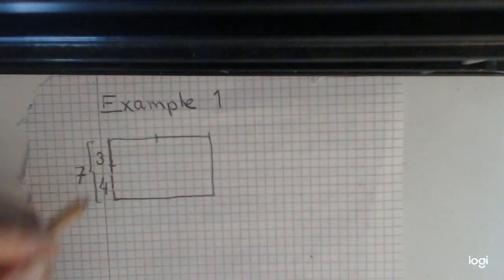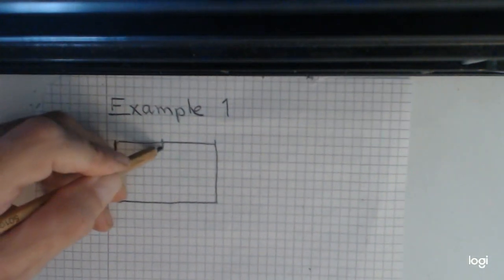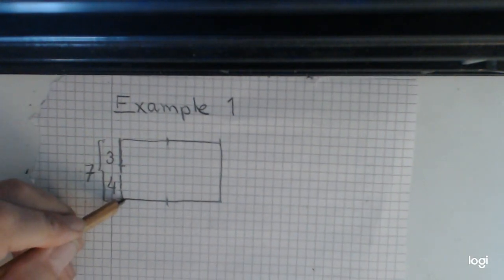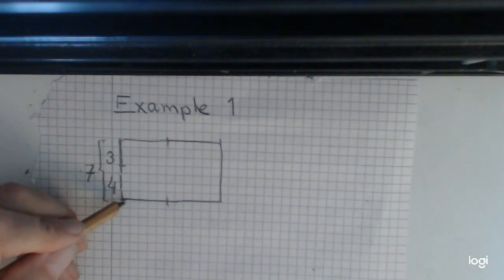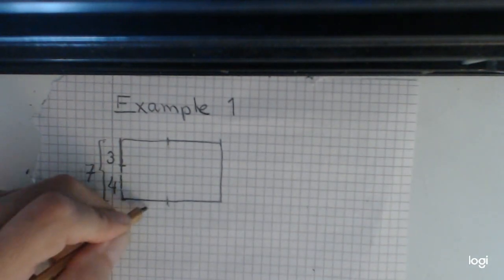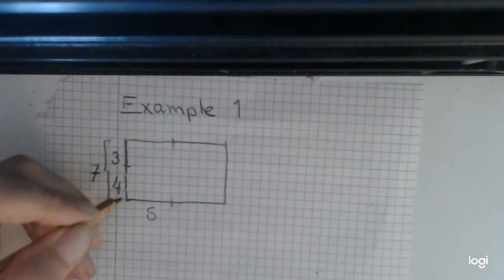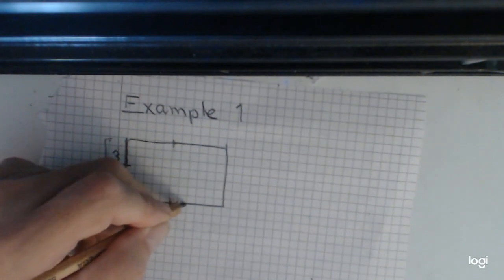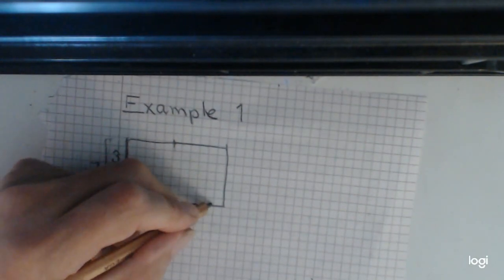And then we look at this side here: 1, 2, 3, 4, 5. So this is 5 length units, and this is 1, 2, 3, 4, 5, 6.